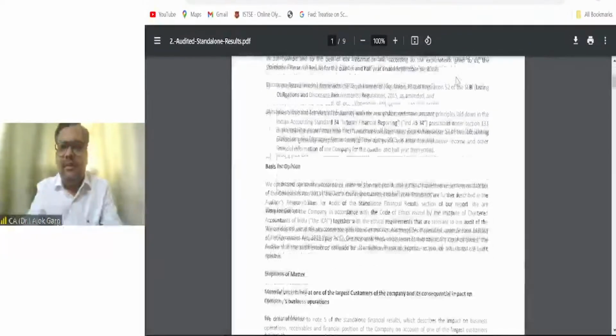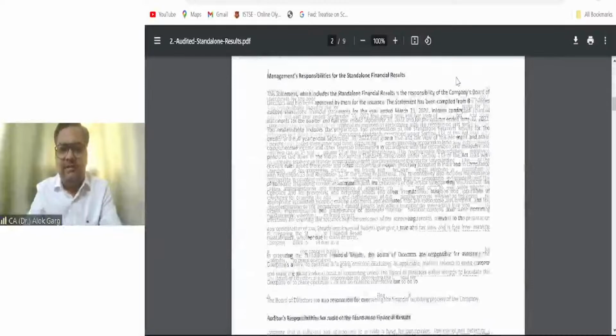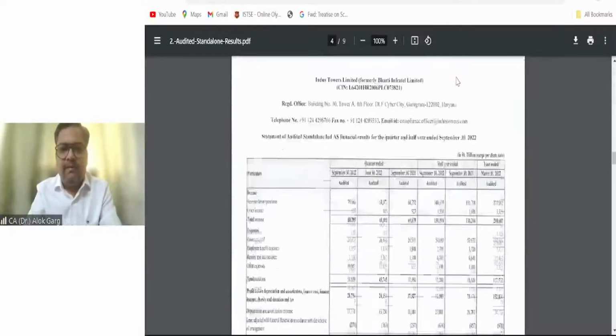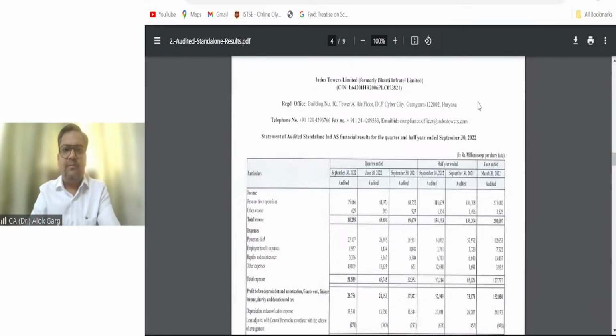Friends, are you able to see this file? Are you able to see the results? Are you able to see the results of Indus Towers? Please confirm. Is it visible? Whether the results are visible? Just a minute.